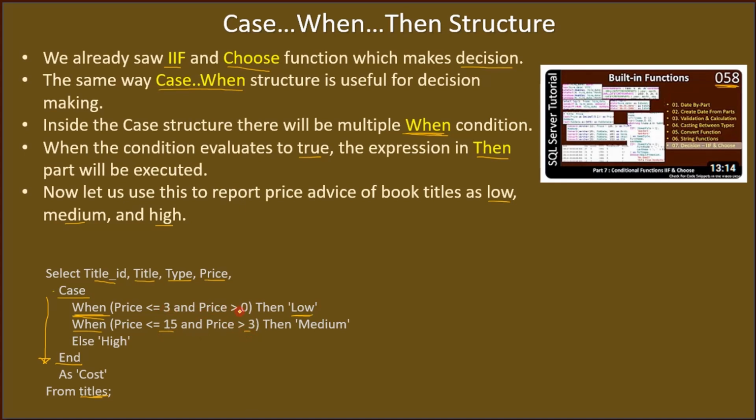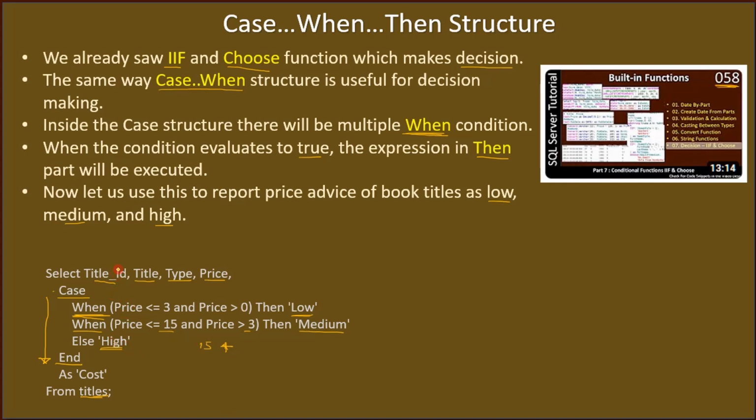That means 0 to 3 we are calling low price. More than 3 to 15 we are calling a medium price book, or else whatever it is, that's high. That means if a book price is more than 15, in that case we call it high.